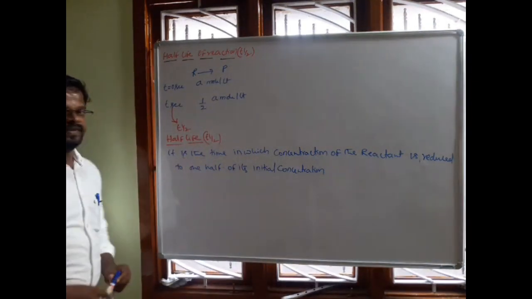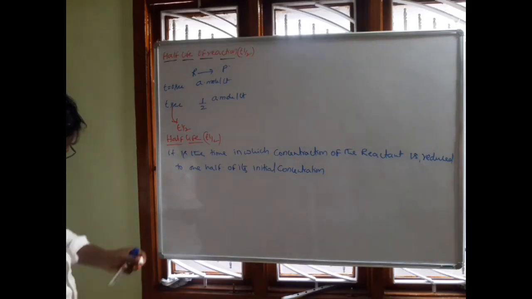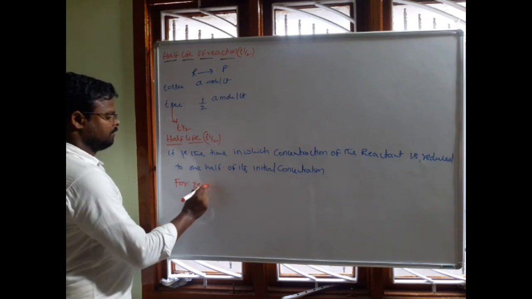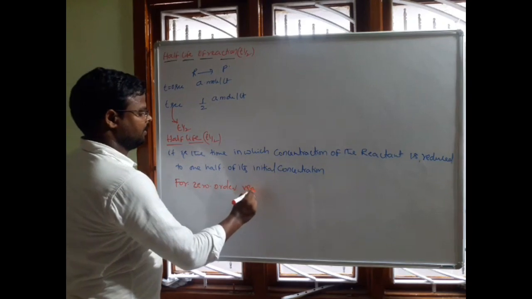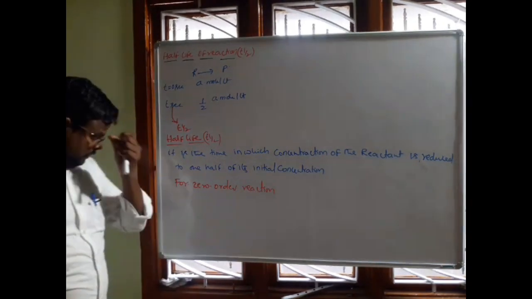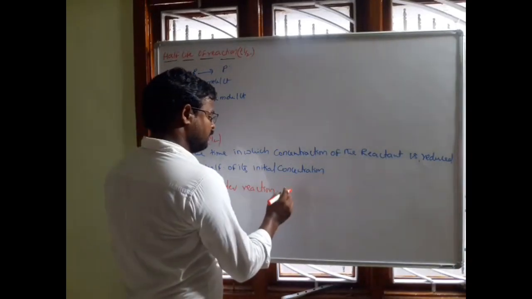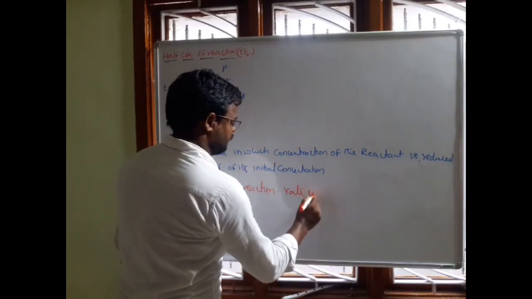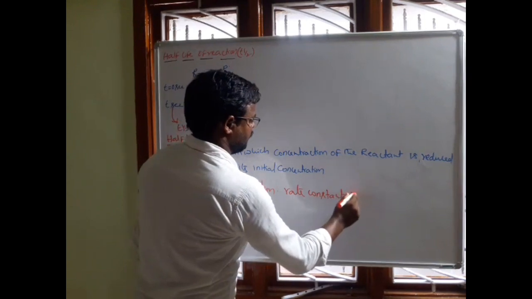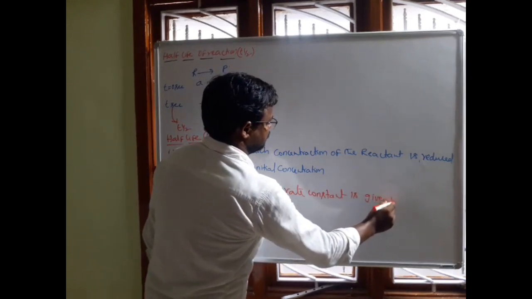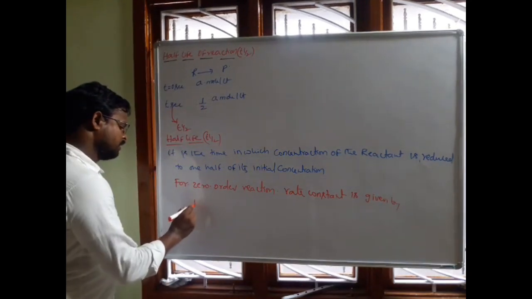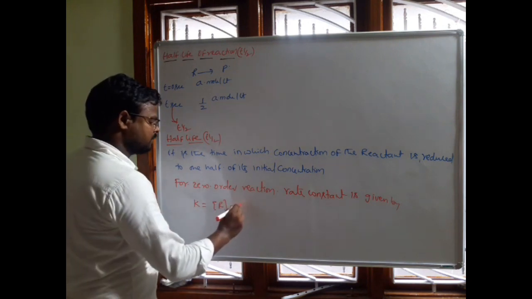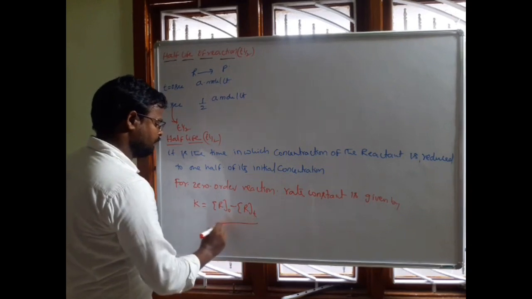For a zero-order reaction, the rate constant is given by K equal to the initial concentration of the reactant minus the concentration of the reactant at time t, divided by t.